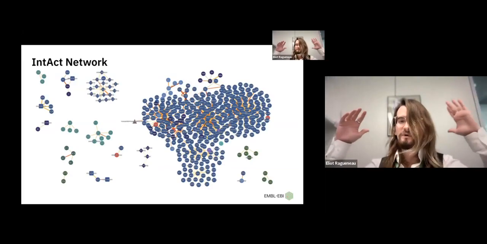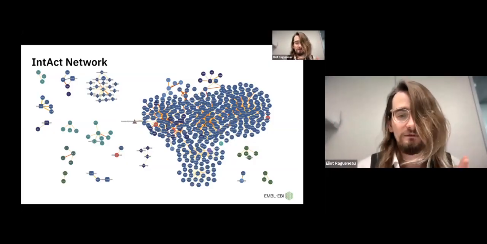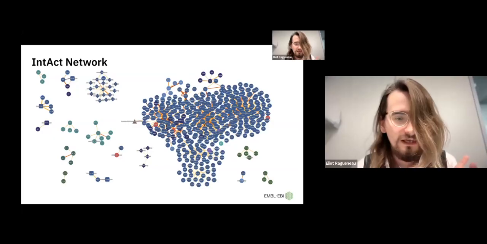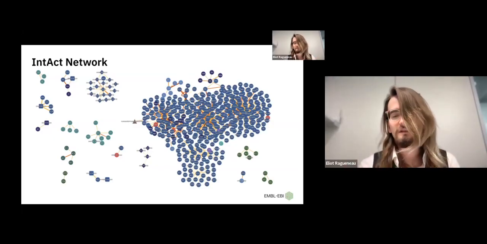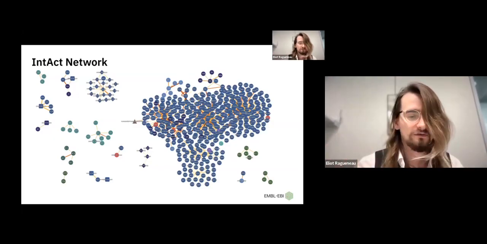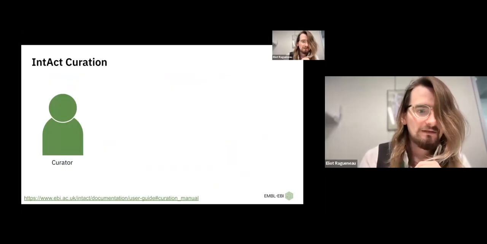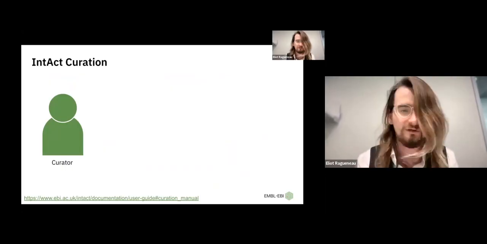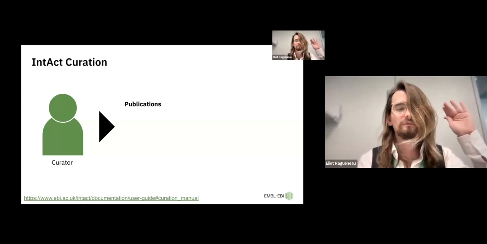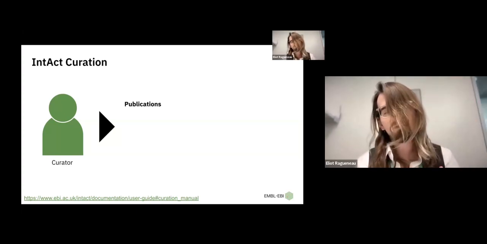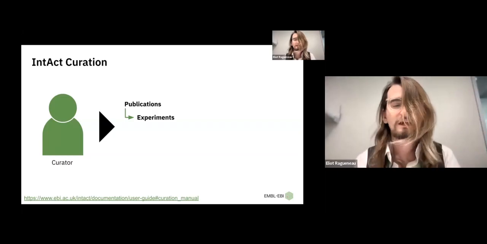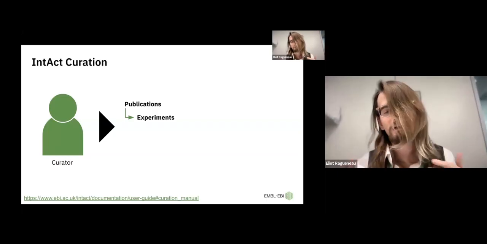So this is what a typical network within IntAct looks like. You have nodes, and you've got edges which are binding those nodes together and representing those evidence of interaction. This data is manually curated by our team of curators in IntAct. They look at all the literature and extract publications of interest, which contain data related to molecular interaction.